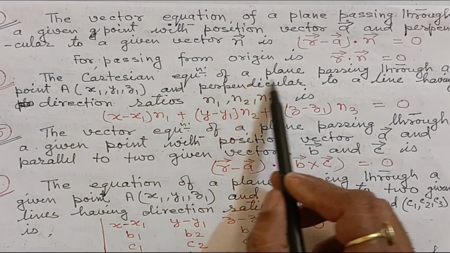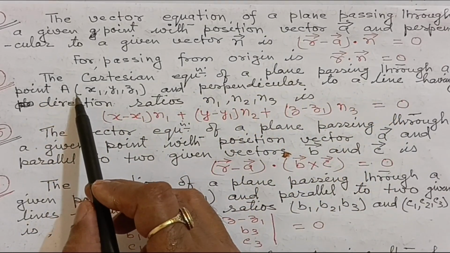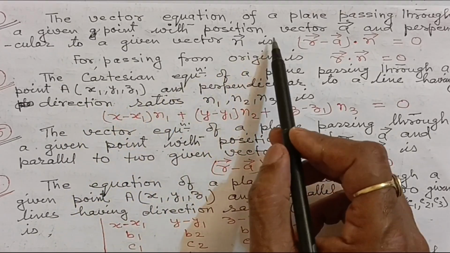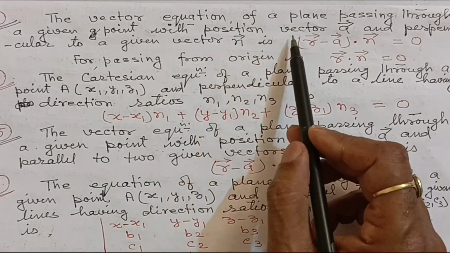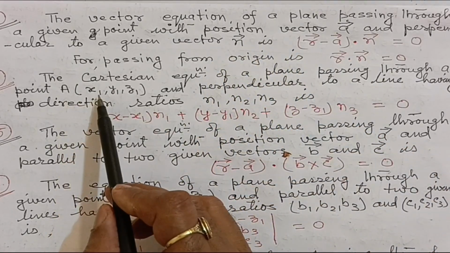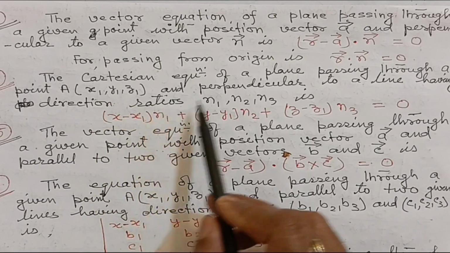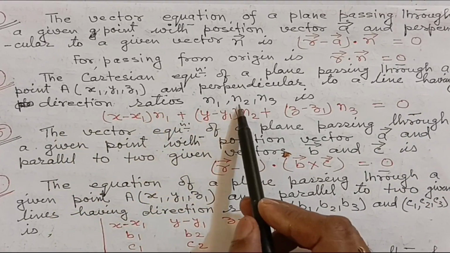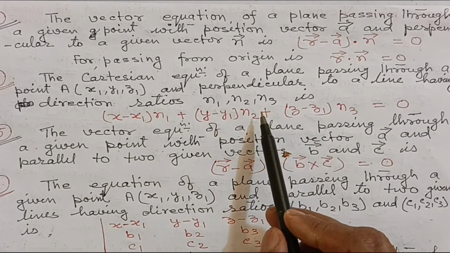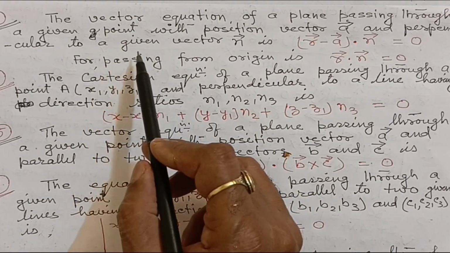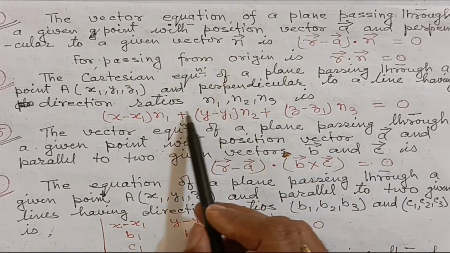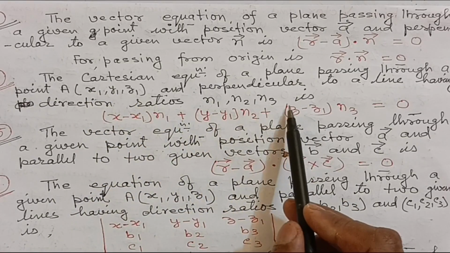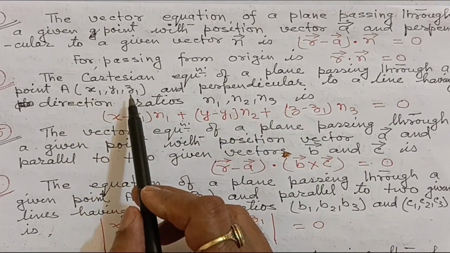The Cartesian equation of a plane passing through a point A, whose coordinates are x1, y1, z1 (its position vector is A), and perpendicular to a line having direction ratios n1, n2, n3, that is, perpendicular to a given vector N. Direction ratios n1, n2, n3 and the coordinates of point A are given.